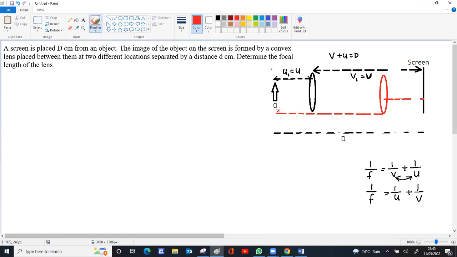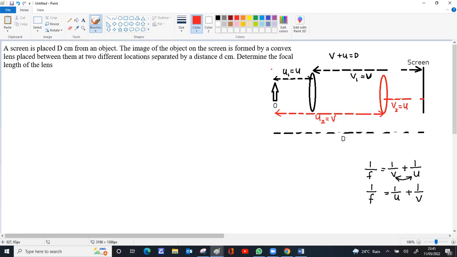So this distance, which is the object distance in case 2, will be the image distance in the first, and this is the image distance in the second case. That will be the same as the object distance in the first case.